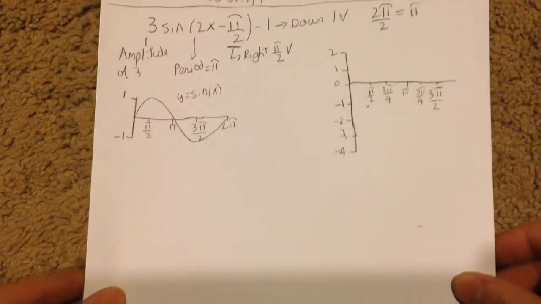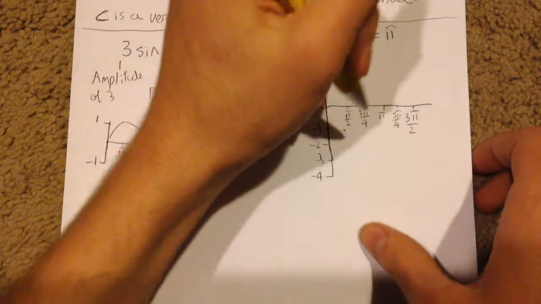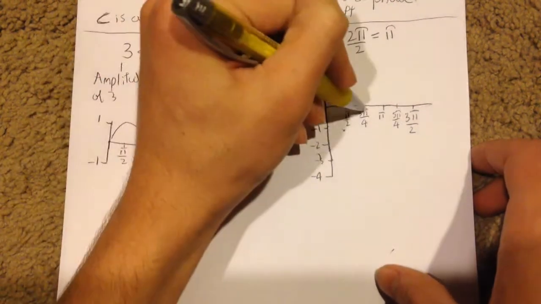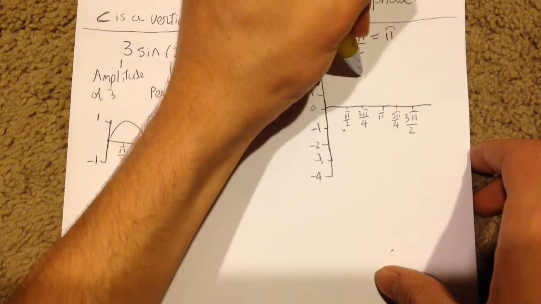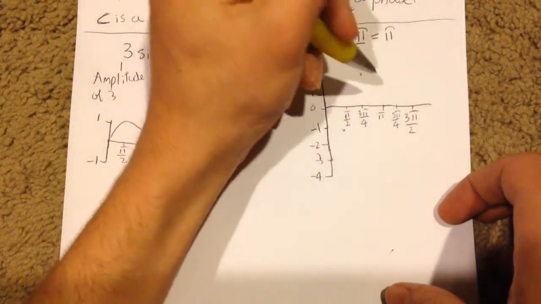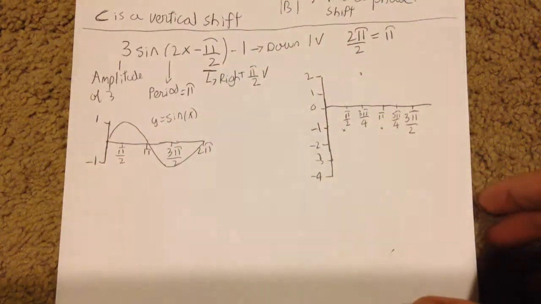So now we know what our function is going to look like. We're going to start right here, and at 3 pi over 4, it's going to hit its maximum, with the same curve. At pi, it's going to go back down to -1, because that's where we started out.